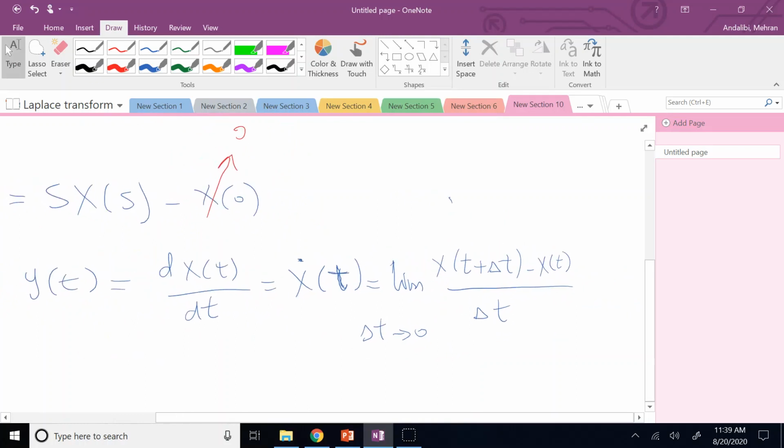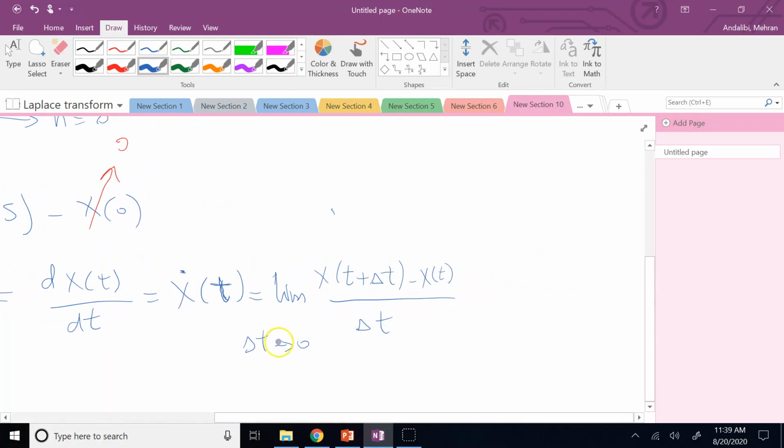It means at the current moment, if I want to know the current output of the system, I can approximate this by some very small delta t, and say this is equal to x of t plus delta t minus x of t divided by delta t for a very small delta t, right? Much, much smaller than 1.